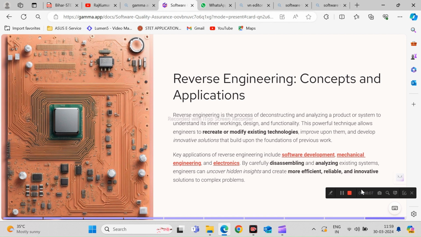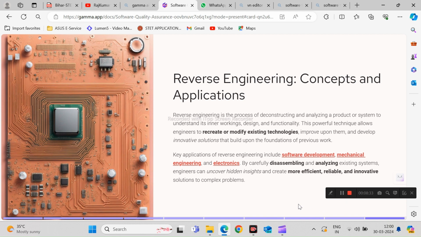This powerful technique allows engineers to recreate or modify existing technology, improve upon it, and develop innovative solutions that build upon the foundation of previous work. Key applications of reverse engineering include software development, mechanical engineering, and electronics.